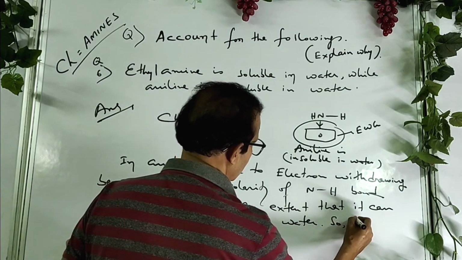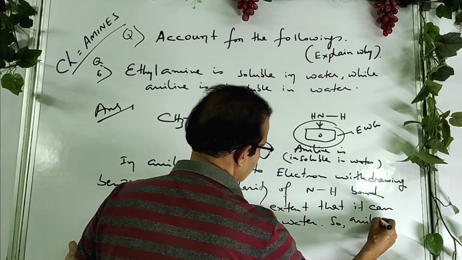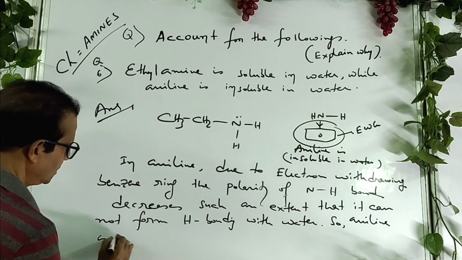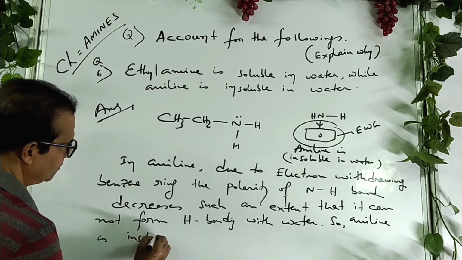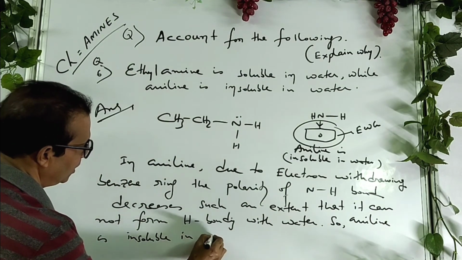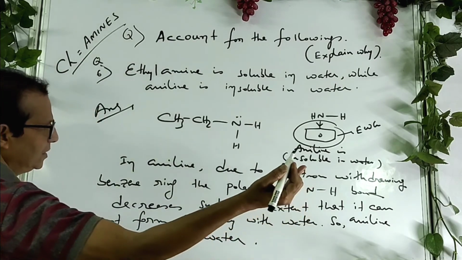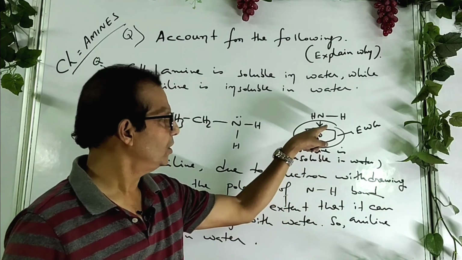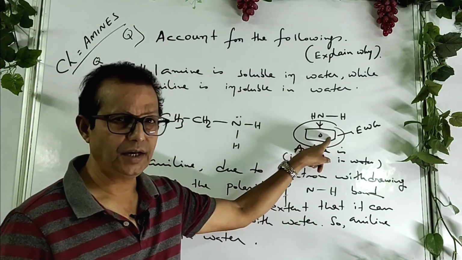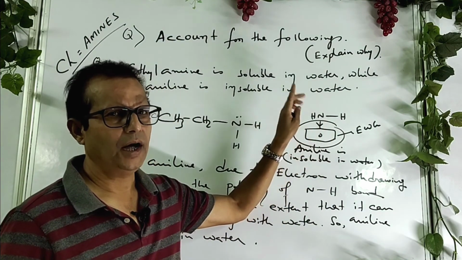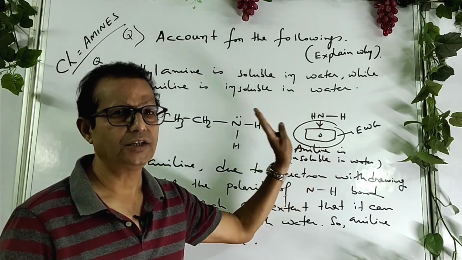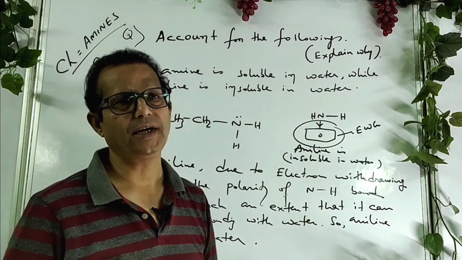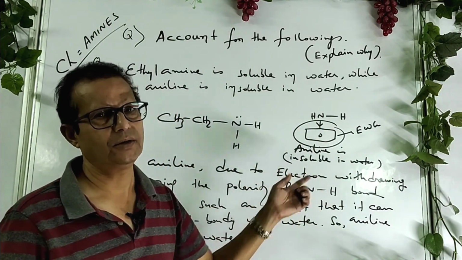So aniline is insoluble in water. This is the reason. Or you can write in another way also: due to the presence of the bulky benzene ring, hydrogen bonding cannot take place due to steric hindrance, but it is better to write the first one, okay.